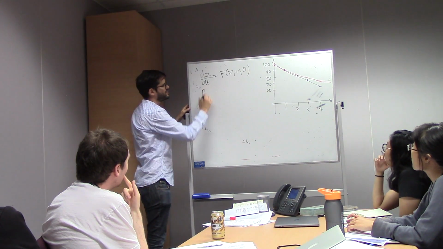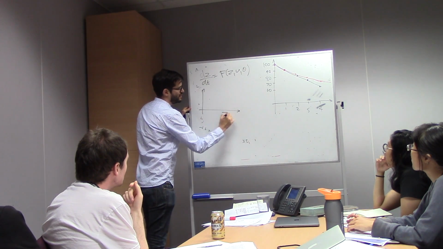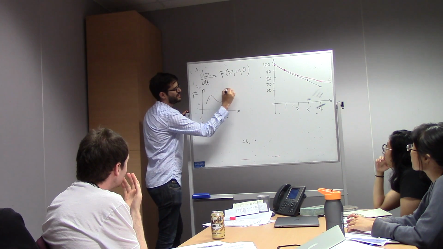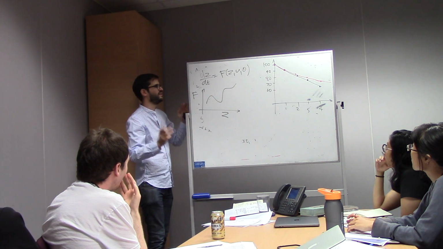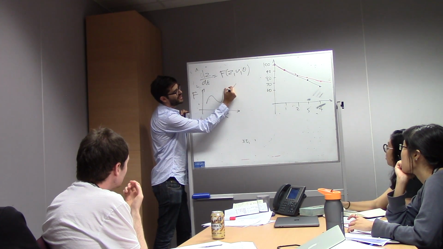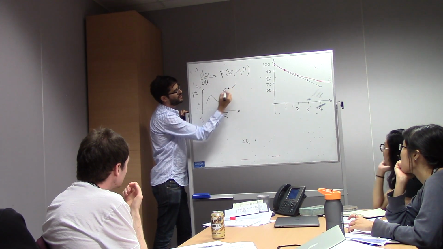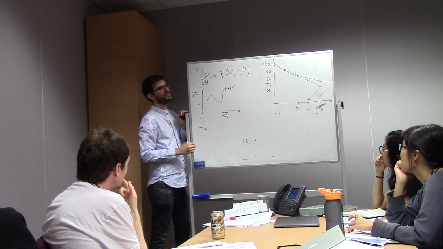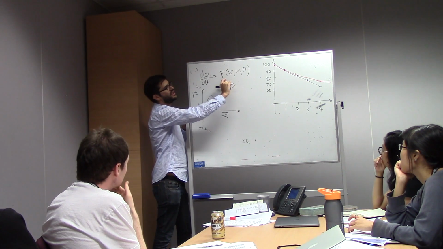But if I was to plot z and f, and it looks something like this, abstractly speaking, if you look at a small neighborhood here, you can approximate this thing quite easily. So this isn't such a hideous thing.